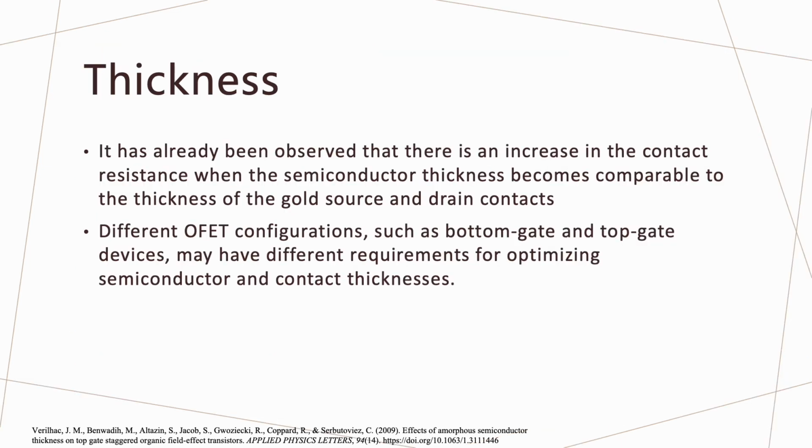One research found that an increase in the contact resistance would arise when the semiconductor thickness is comparable to the thickness of the gold source and drain contacts. Besides, different OFET configurations such as bottom gate and top gate devices may have different requirements for optimizing semiconductor and contact thicknesses.